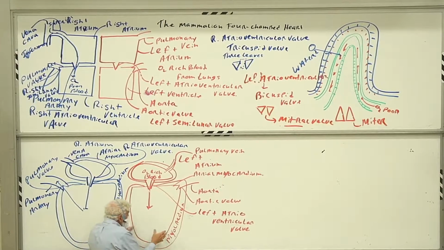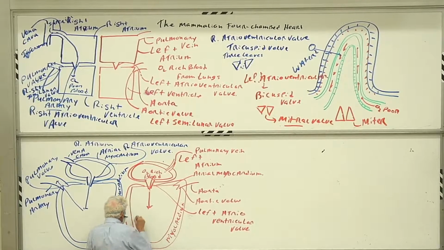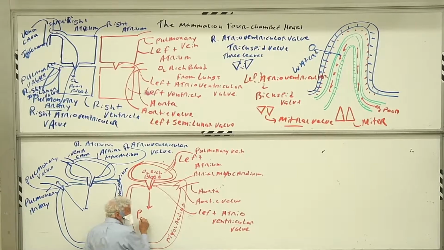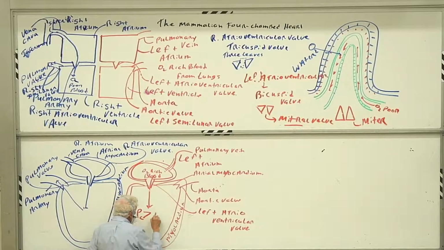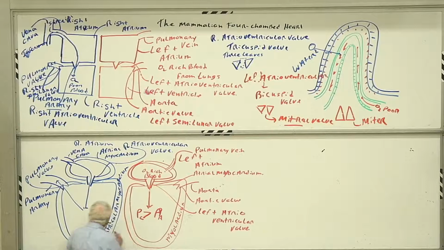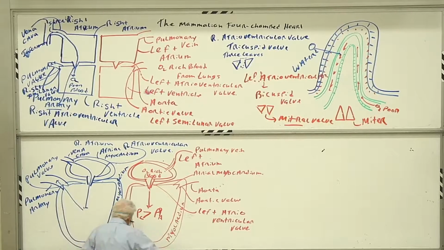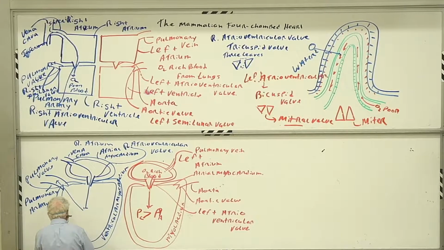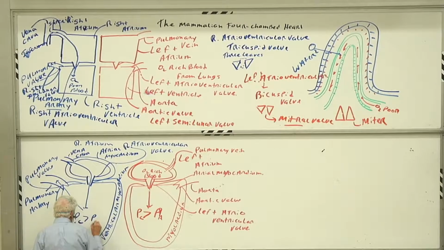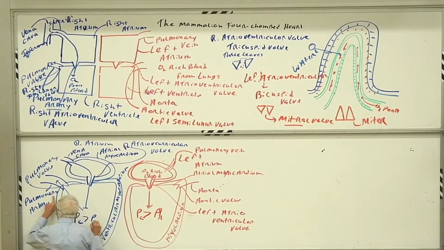We continue to build pressure until the pressure in the chamber is greater than the pressure in the aorta. Or we could say on the right side, it's true as well, the pressure in the chamber is greater than the pressure in the pulmonary vein.